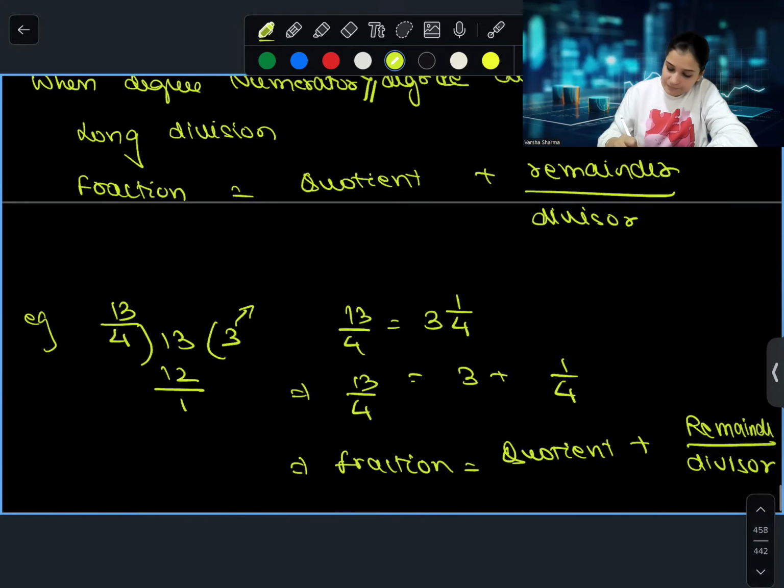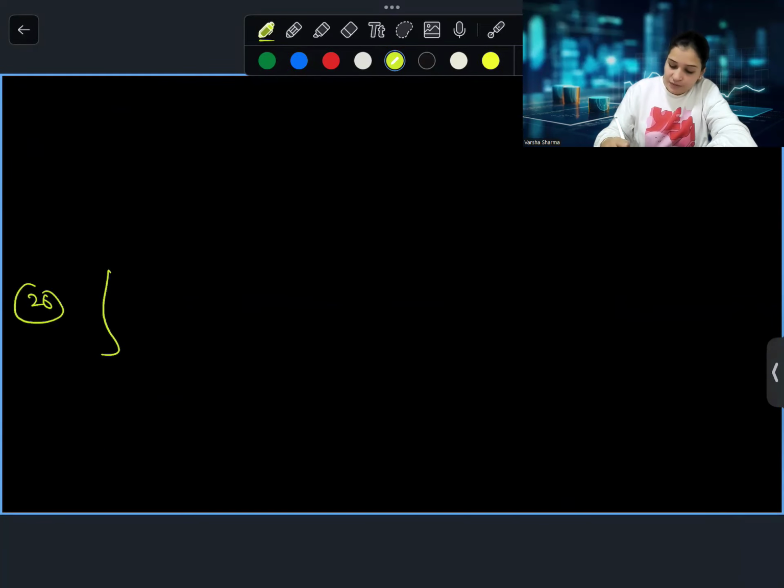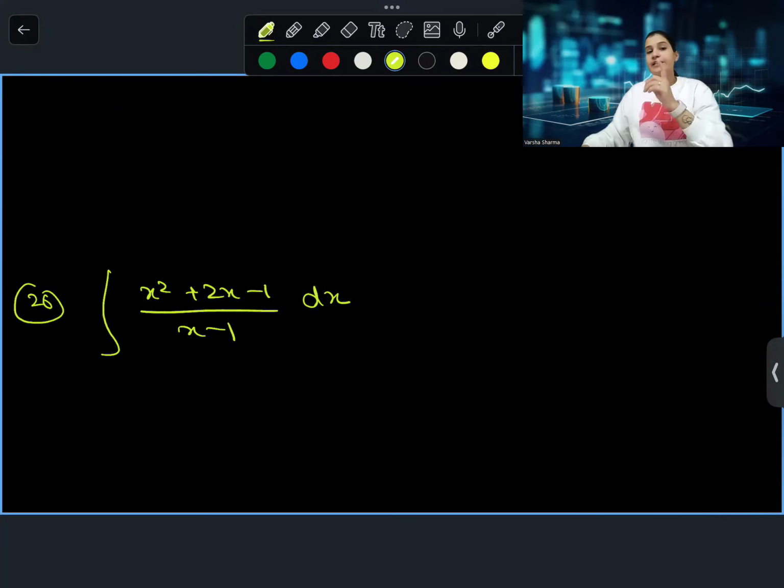For example, I give you x square plus 2x minus 1 upon x minus 1. The degree of numerator is 2. The degree of denominator is 1. What I'll do is I'll do long division in the fair, not in rough.